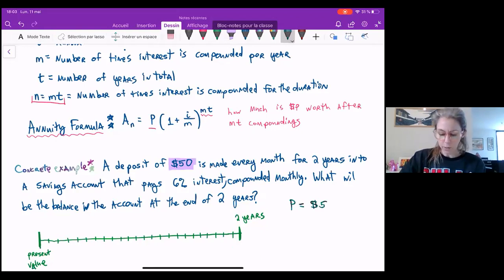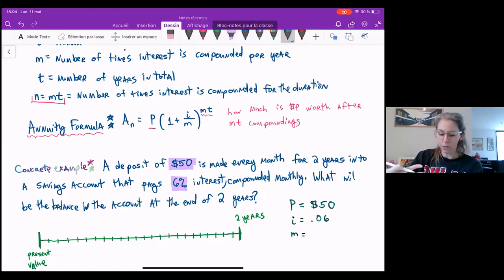The next thing is, what interest rate is it receiving? It's receiving a 6% interest rate. So remember we said that I is going to be in terms of a decimal. So that's going to be 0.06, not just 6. Now, the next variable that we have up there is M. And M, we said, is the number of times interest is compounded per year, or the number of times that I'm reinvesting my money.